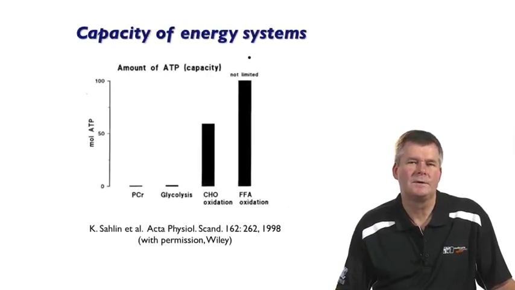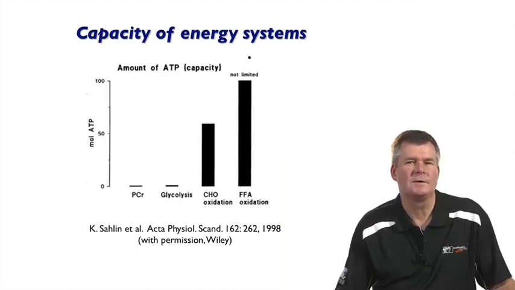In contrast, the capacity of the systems is inversely related to the power. You can see that the phosphocreatine hydrolysis and glycolysis have a very low capacity for generating ATP, the total amount of ATP that's generated. This is the trade-off for the high power. Carbohydrate oxidation has a finite capacity because there's a limit to the amount of carbohydrate that we can store in the body.